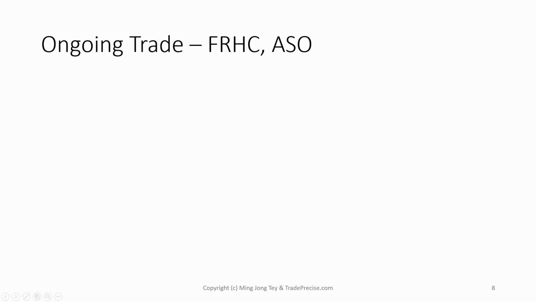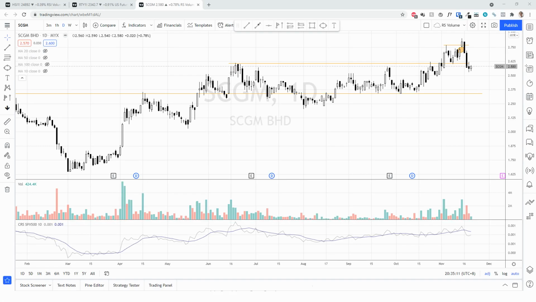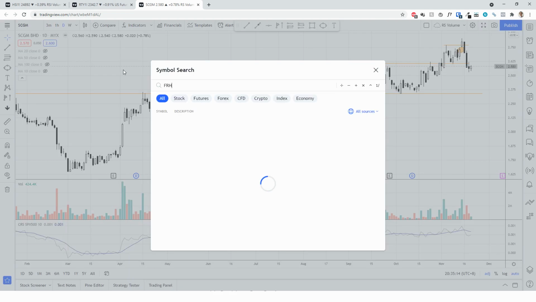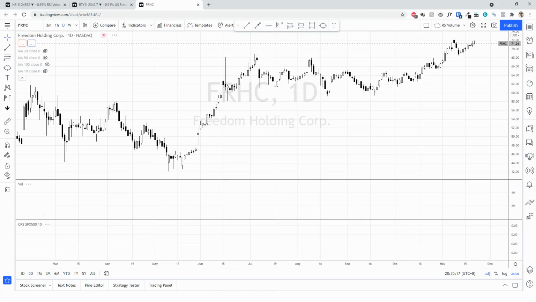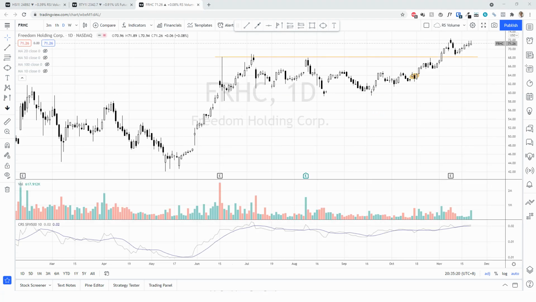Okay, ongoing trades. These two are from the US, FRHC and ASO. So FRHC, Freedom Holding. I first covered it somewhere around here before the breakout.